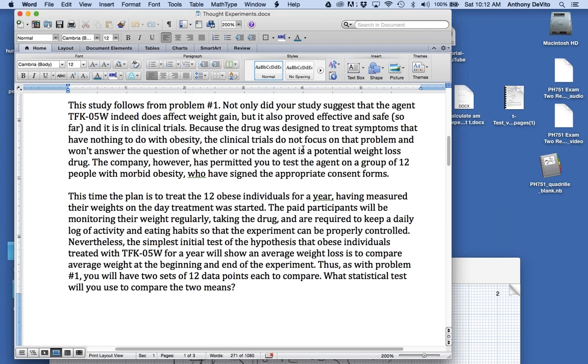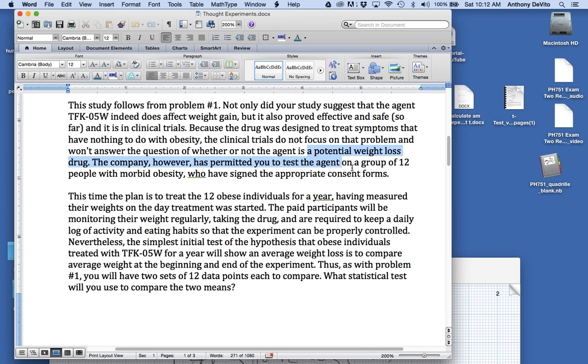The company permitted you to test the agent on a group of 12 people with morbid obesity who have signed appropriate consent forms. Okay, we know that almost all of you have completed the Ethics and Human Resource course, the CITI program, you know that there's a research review system that has to approve all these studies if they involve humans.